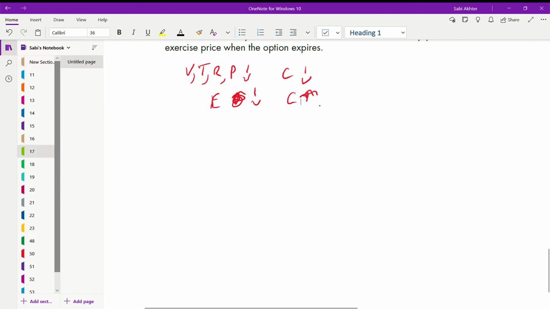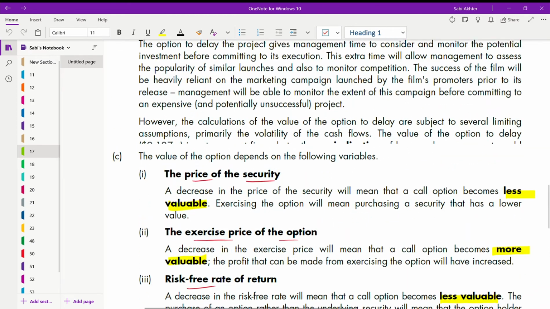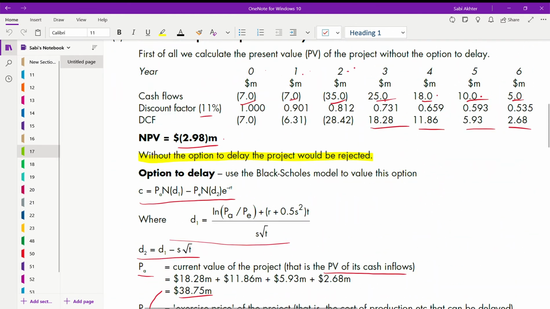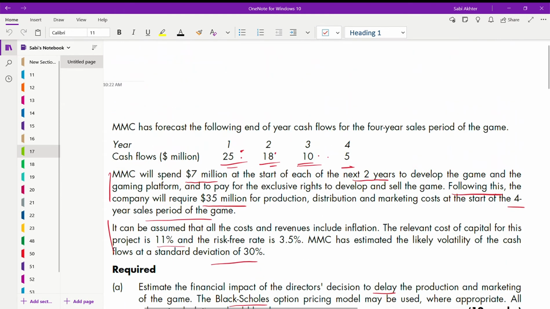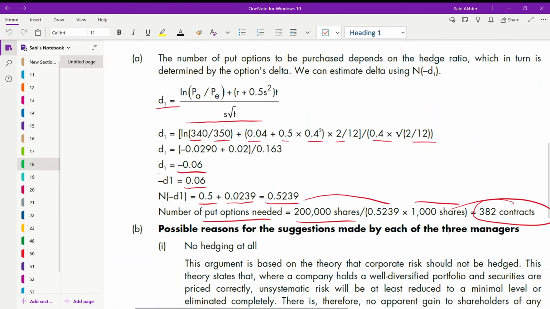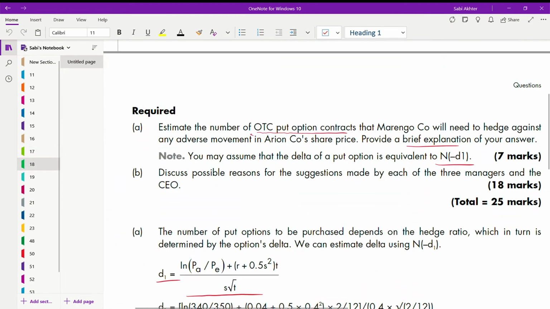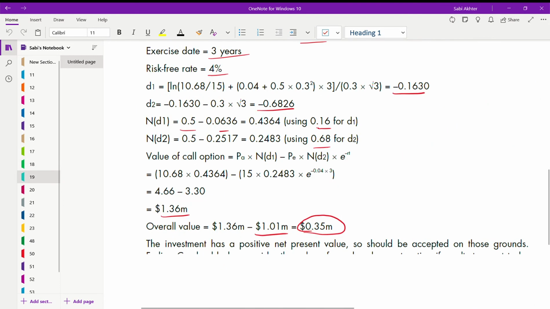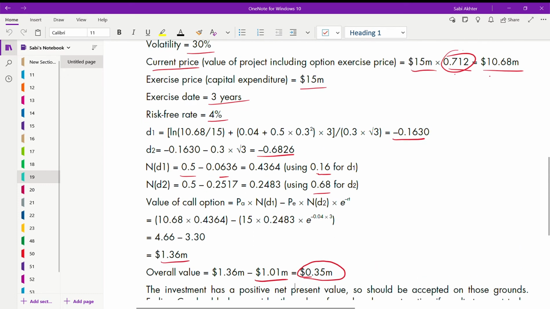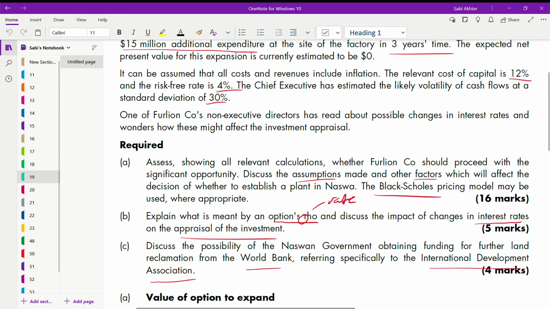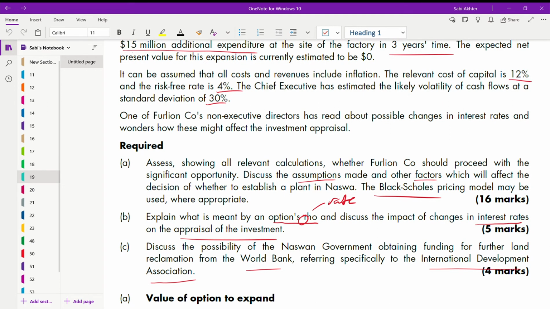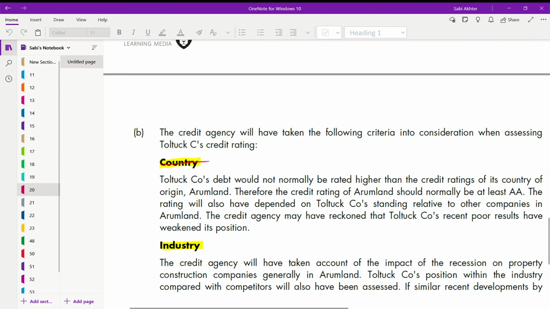Let's go to 17. This I have to summarize. Next, 20.